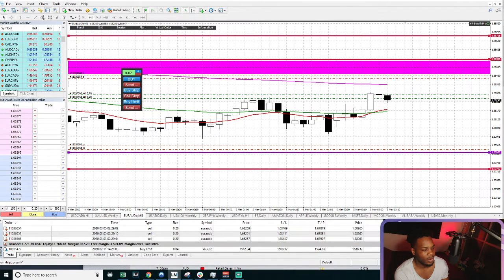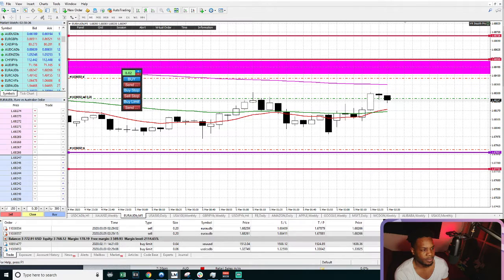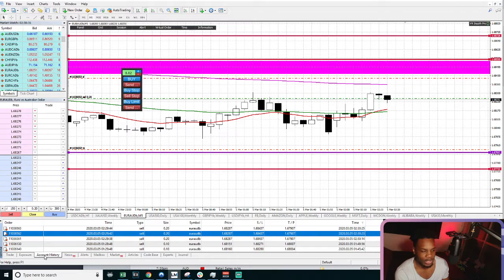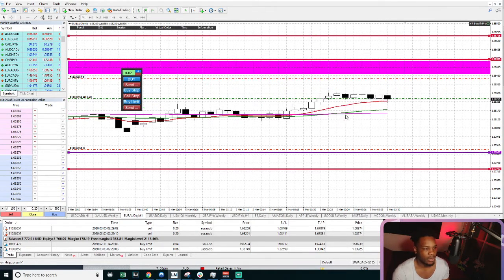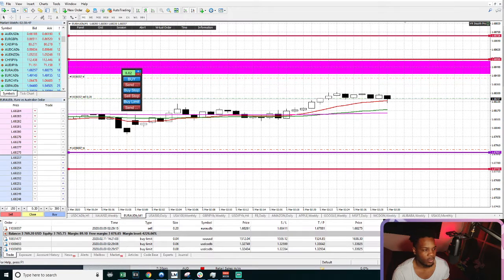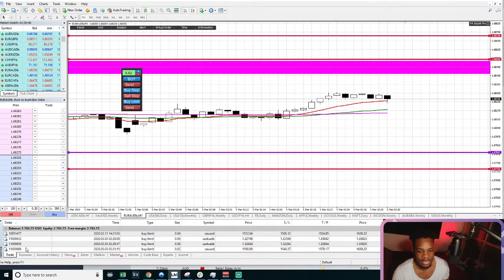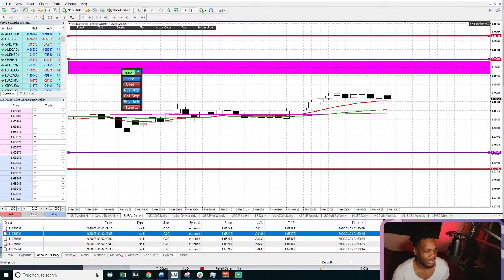Didn't really get the move I wanted. I guess we guessed the right direction, but didn't get the move that we wanted really. Let's see how much it went down. Only really like 50 pips. So didn't get the move we wanted. We're not going to leave these heavy lots in. So this trade just ended up being a wash basically.